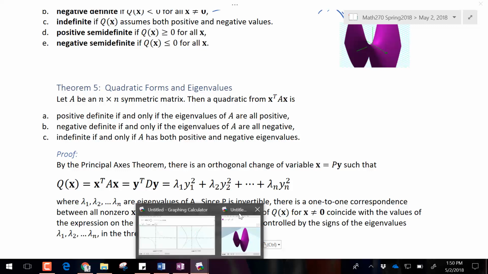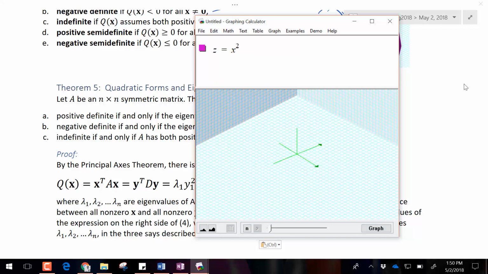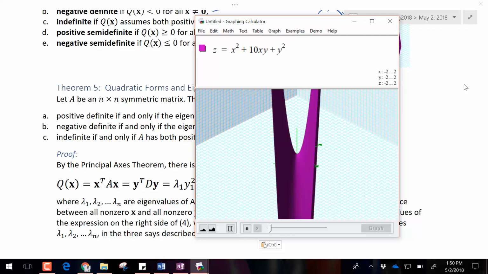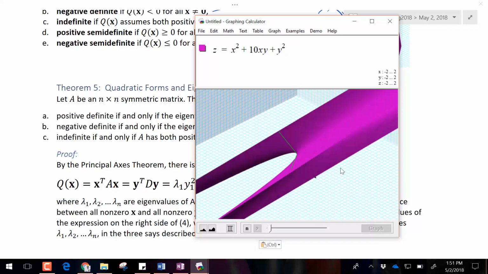So let's actually graph our example as a surface. Our surface was x squared plus 10xy plus y squared. And if we take a look at that graph, you see it looks like a saddle.